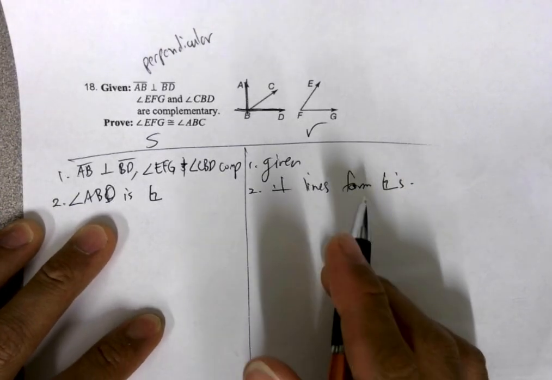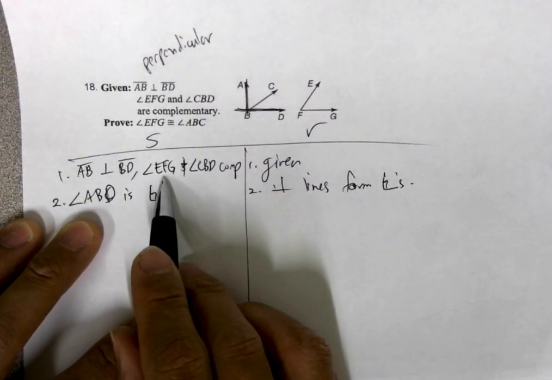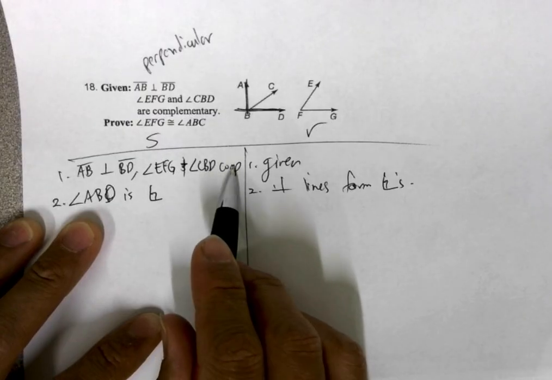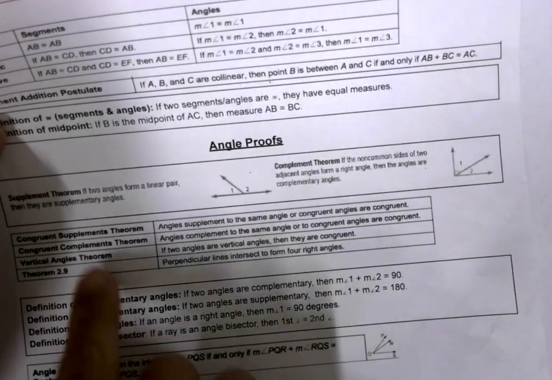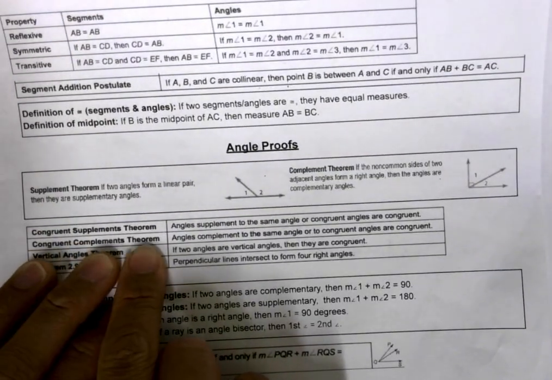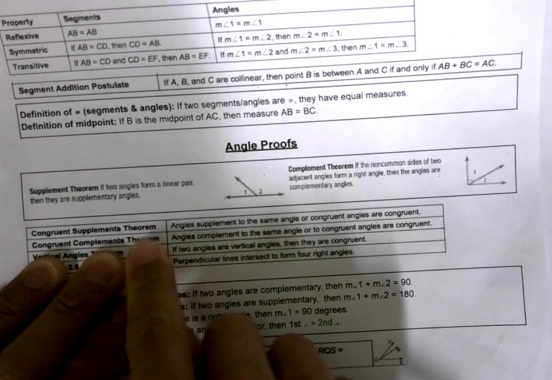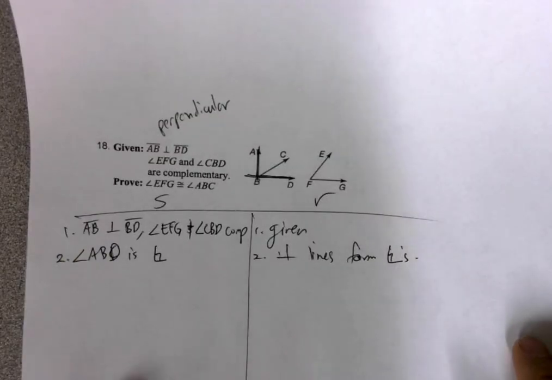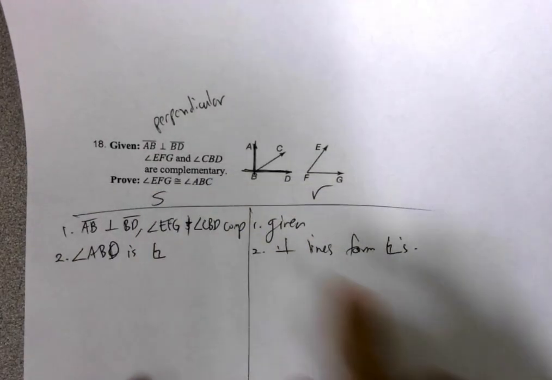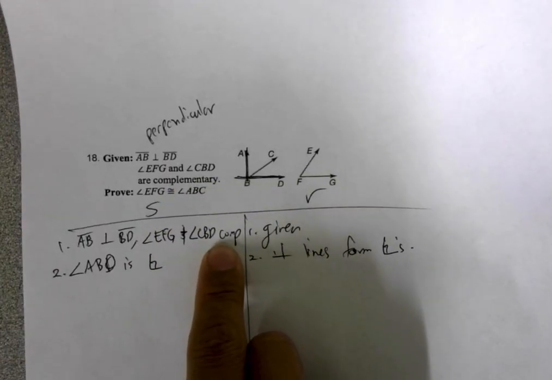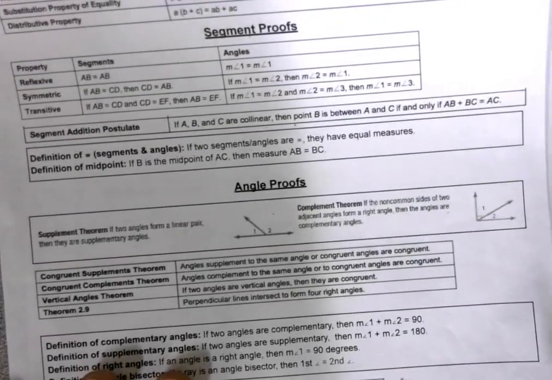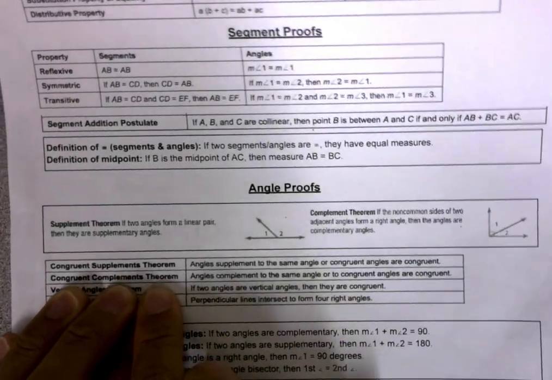Okay, so now what? Now we have that EFG and CBD are complementary. I believe the best way to go about this is to use the congruent complements theorem, to say that two angles are congruent. Are we trying to prove two angles congruent? Yes. So we have one comp statement, it's given. We need two comp statements to use the congruent complements theorem.